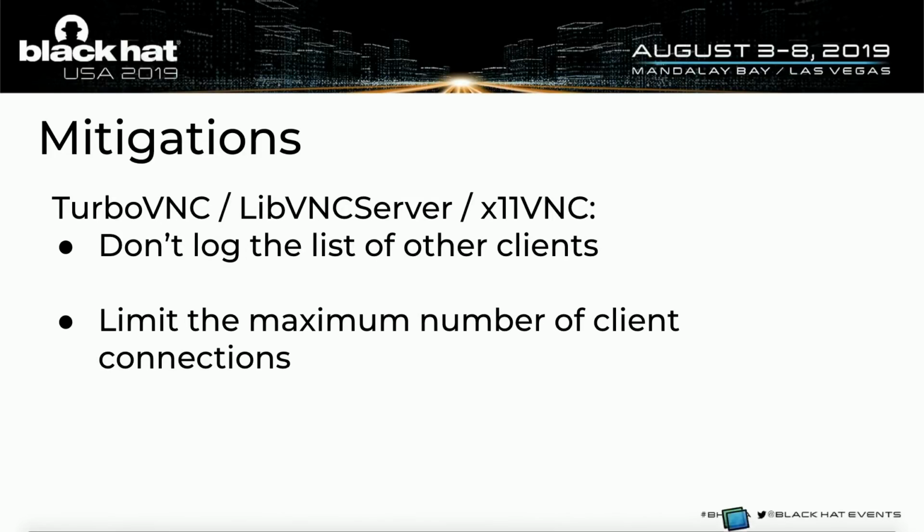The other thing you can do is an input sanitization effort, limiting the maximum number of client connections that are allowed to your VNC server at one time. So you probably don't need 1,000 people accessing the VNC server at the same time.